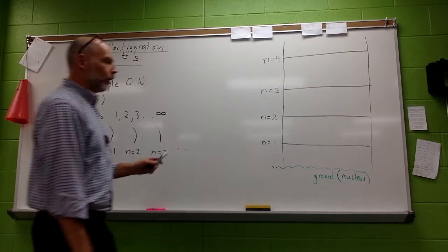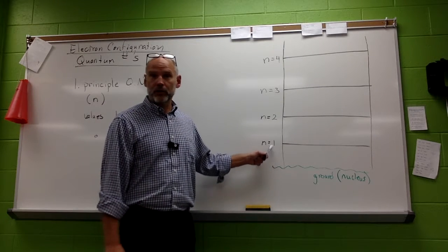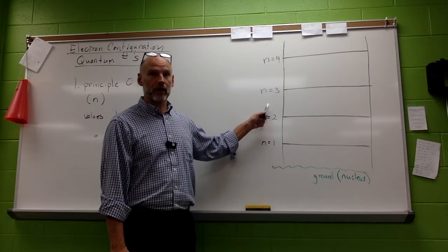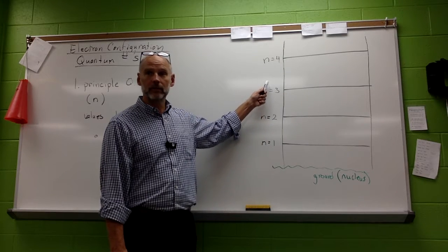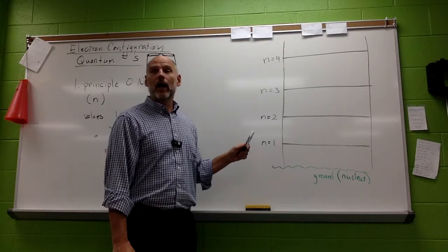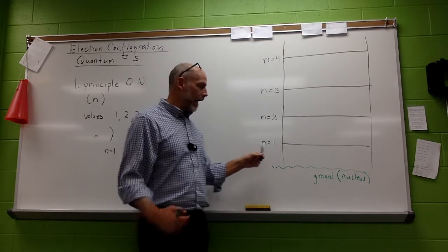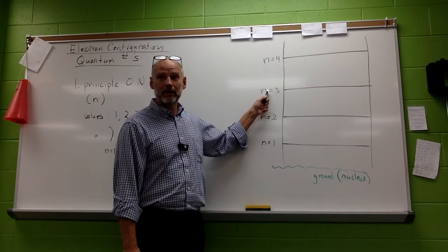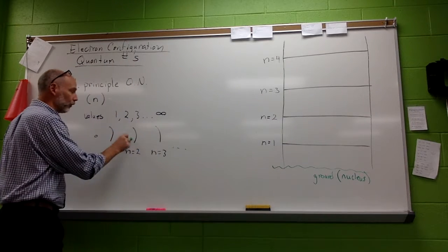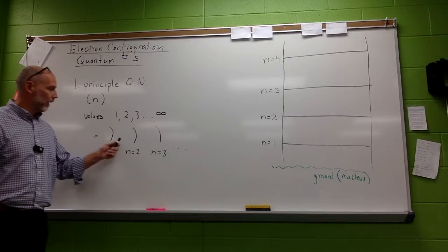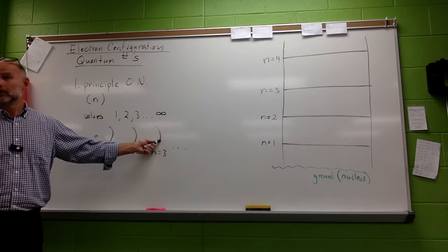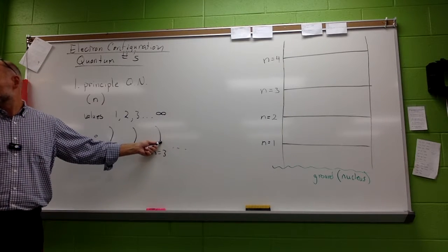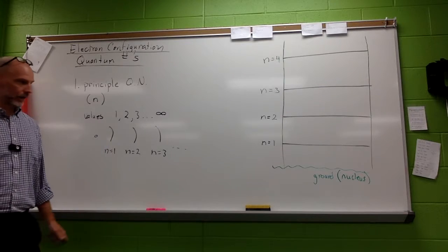Now, if you're using a ladder, the further you go up the ladder, what happens to your gravitational potential energy? It increases. In an atom, if an electron goes further from the nucleus, what happens to its energy? It increases. So there's a little bit of a ladder analogy here.